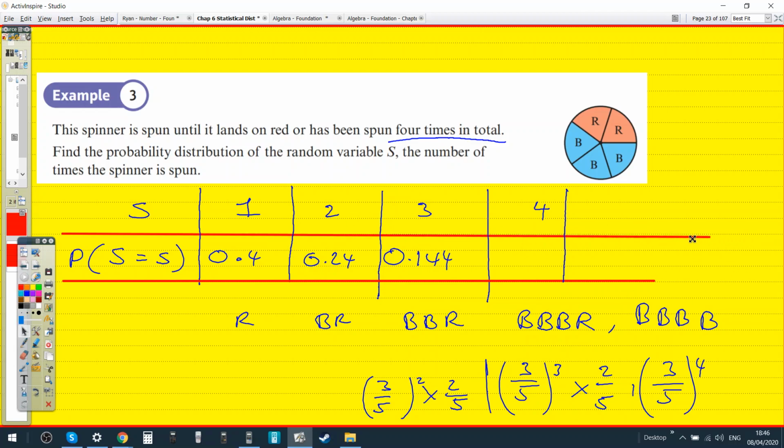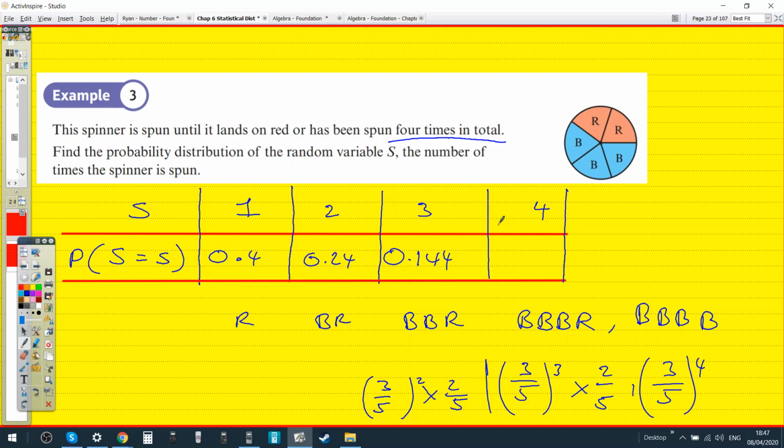Oh, so the one where they're all blue plus BBBR. So it's basically 3 over 5 cubed times 2 over 5 plus 3 over 5 to the power 4. And that's absolutely correct. I just thought you had it to hand.